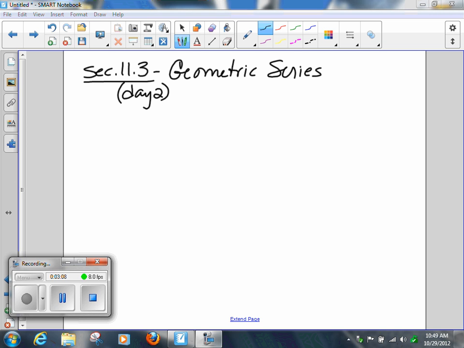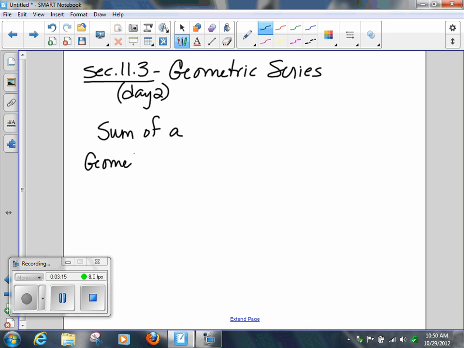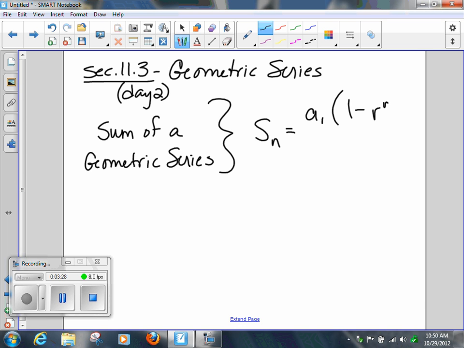But to find the sum of the geometric series, we're going to use S sub n equals a sub 1 times the quantity 1 minus r to the n over 1 minus r. Okay? That's what we're going to be using to find the geometric series.